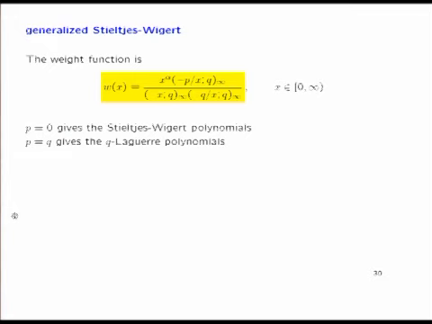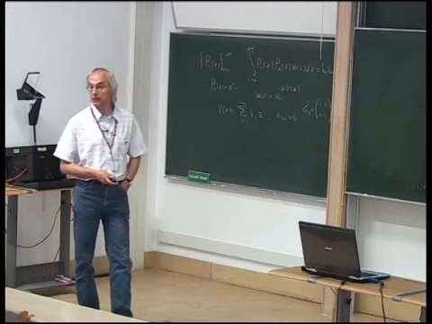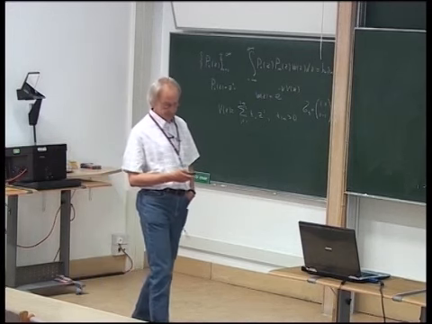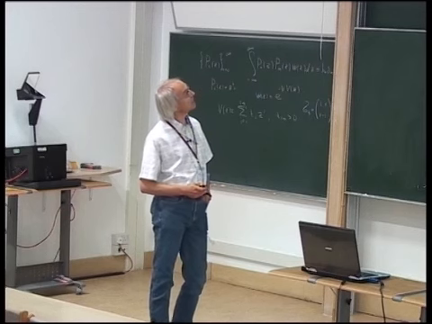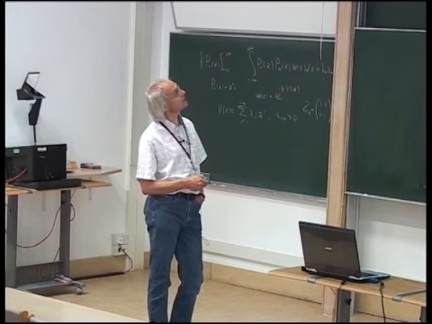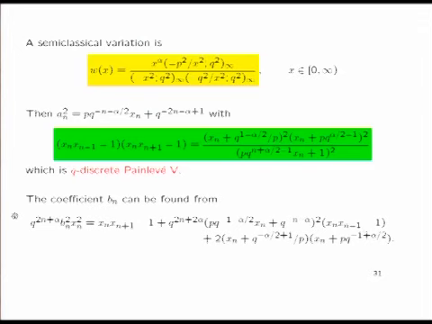So Q Laguerre in a way is a generalized Stieltjes-Wigert. This one you can also get the recurrence coefficient explicitly because this is classical. But the semi-classical variation is to put it like this. You would now get this, it's Q discrete Painlevé 5, and the other one is just a symmetric way. Once you have xn, you can compute pn from this as the positive root.